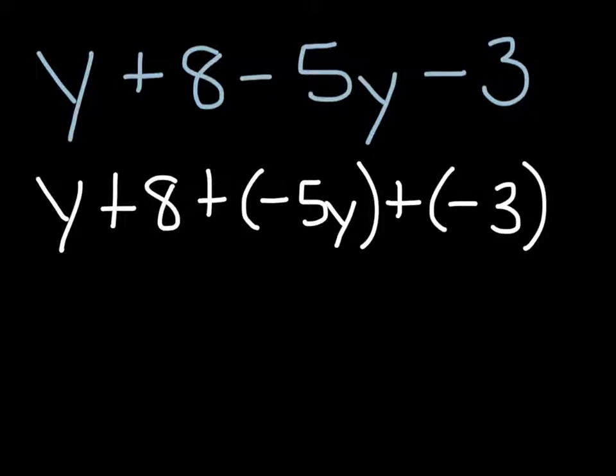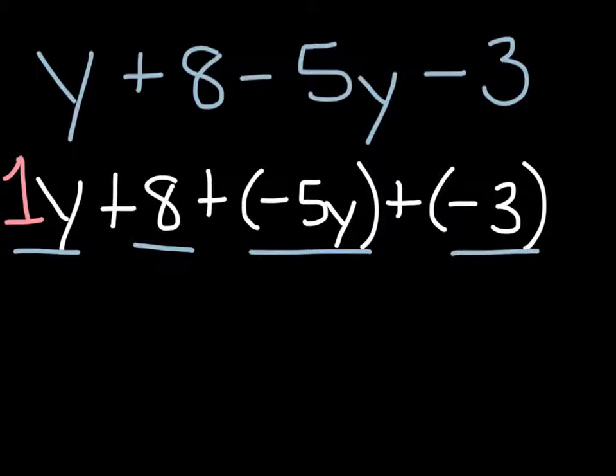Next, let's identify the different parts of the expression. Note that because y equals 1y, the coefficient of y is actually 1. It's an invisible 1 here. So what are our terms? Our terms are y, 8, negative 5y, and negative 3.